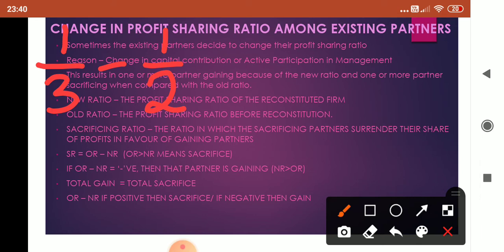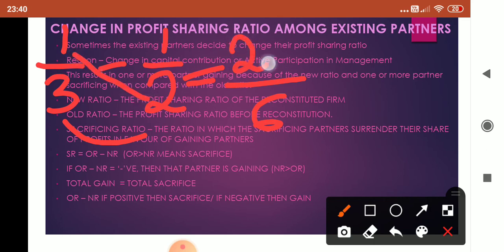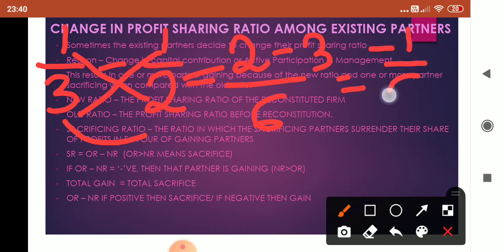So what we will do? 3 into 2, 6. 2 into 1, 2. 3 into 1, 3. So it is 2 minus 3 by 6. What do you get? 2 minus 3 is minus 1. So the answer is minus 1 by 6.